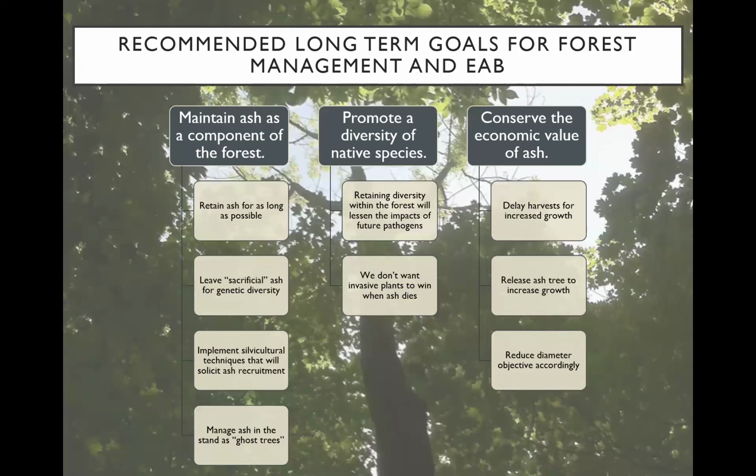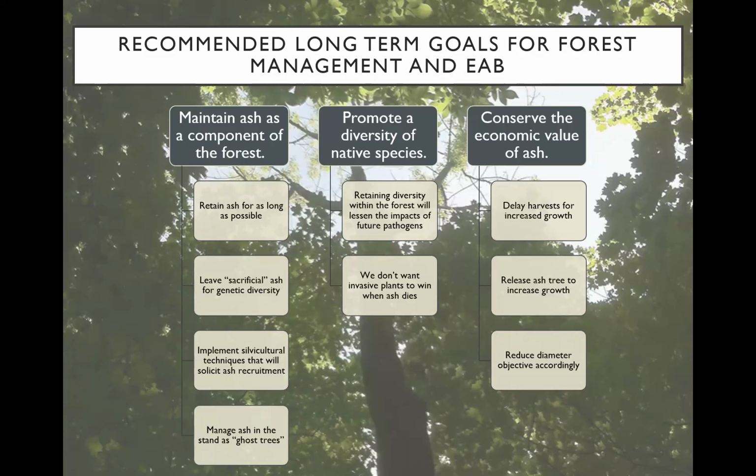And so just keep in mind, if those ash are not being harvested, that the density of the stand does not drop too low and invite things like invasive plants or just counter your goals for that management.